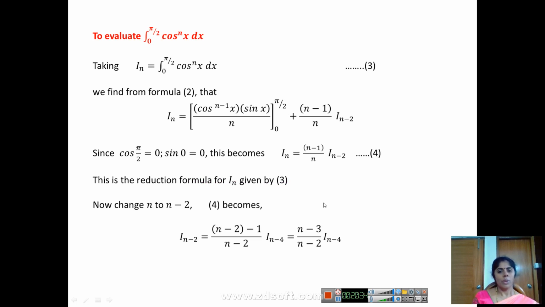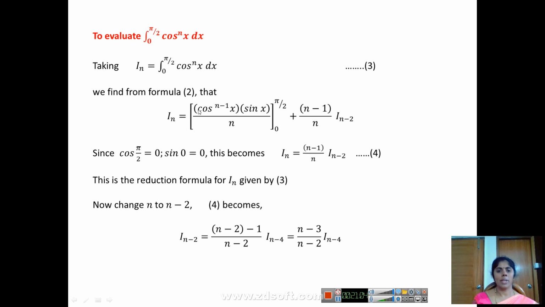Again, we can evaluate the definite integral of cos to the power n of x dx, that is, evaluate the integral from 0 to pi by 2 of cos to the power n of x dx. Let In equal the integral from 0 to pi by 2 of cos to the power n of x dx. As we know the reduction formula for the integral of cos to the power n of x dx, the same thing we can use here.